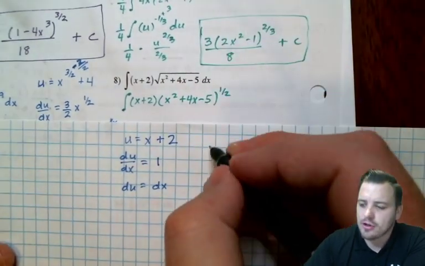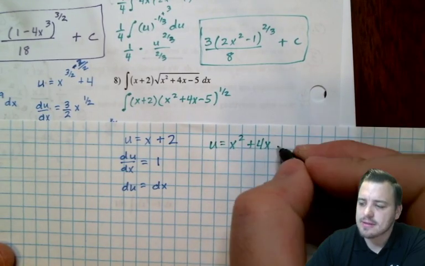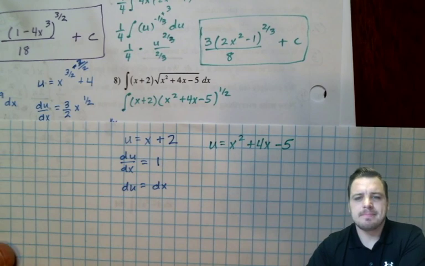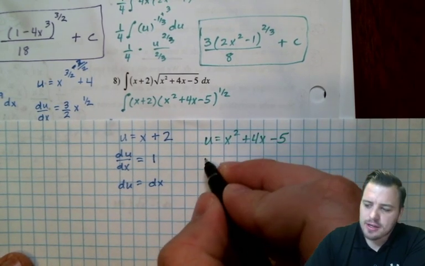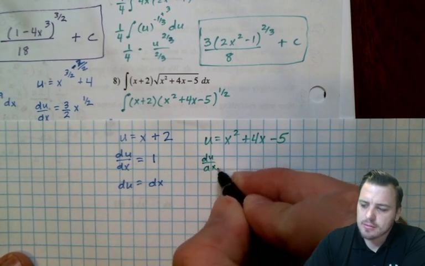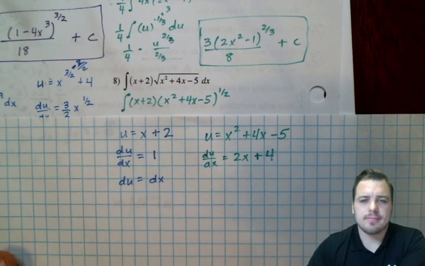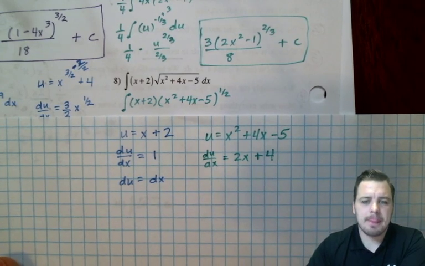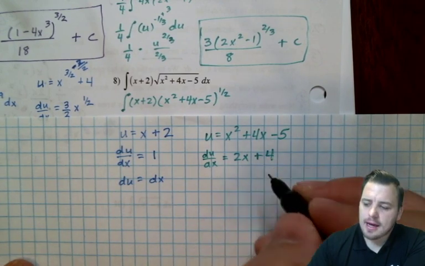But what if we made u the x squared plus 4x minus 5? Then du/dx would be 2x plus 4. And I know what some of you are thinking.